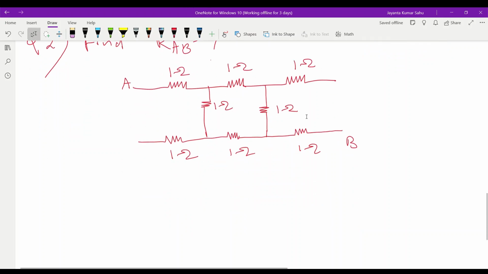Before solving this problem, I will explain some concepts, that is, the circuit. Circuit means the path followed by the electric current.